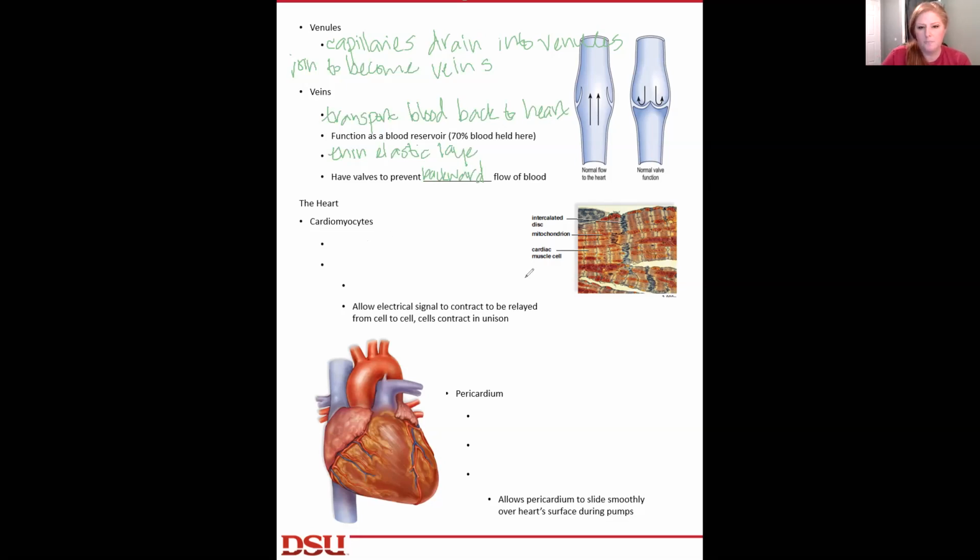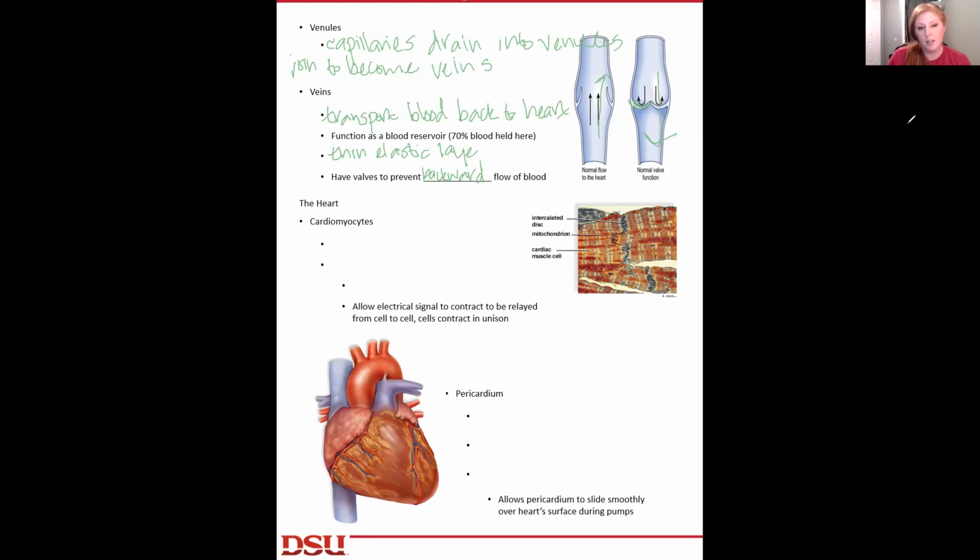Backward flow. Okay, so you can see here in these images how these valves in your veins work. Normal flow goes this way, right? But then those valves close off to keep the blood from being able to go back down. Why do veins have valves? Because, again, unlike arteries that have blood being pumped into them, veins don't. It's semi-passive.